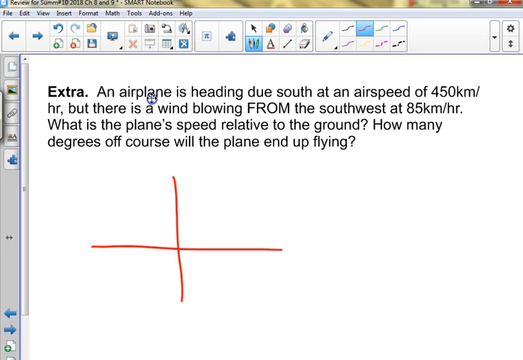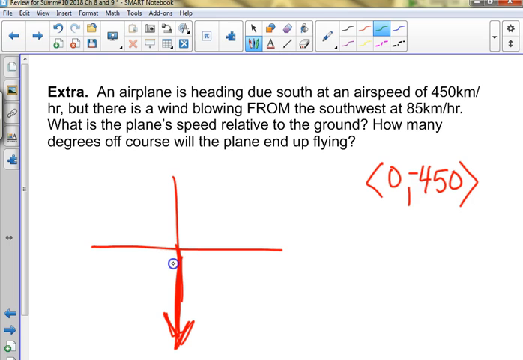Okay. An airplane is heading due south. Okay. Due south. So its components would be 0, negative 450. You could use cosine. You could do 450 cosine 270 or negative 90. But there's a wind blowing from the southwest. Okay. Southwest. Yeah, it doesn't need an angle. It's directly southwest, guys. And that's, I think, how it is on the quiz, honestly.